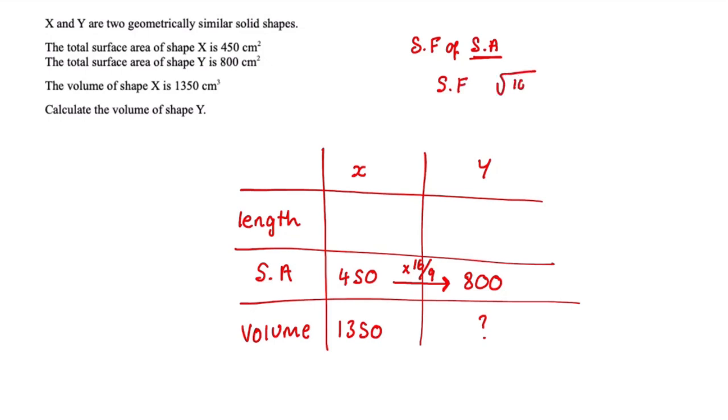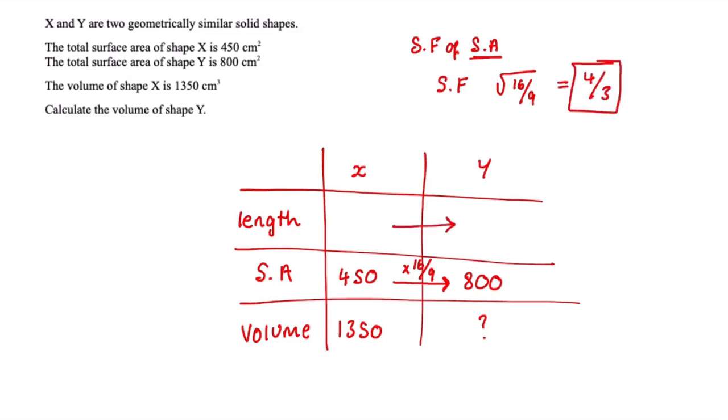You need to find the square root of 16 over 9, and that gives you 4 over 3. So this is the normal scale factor.